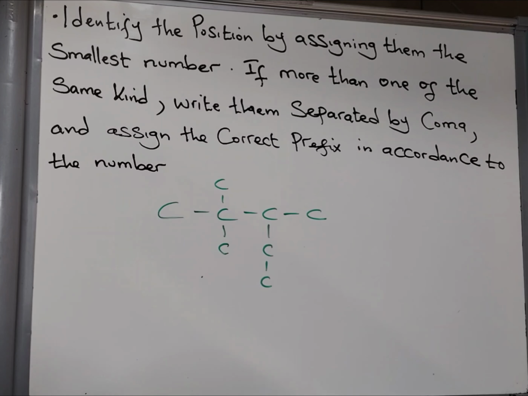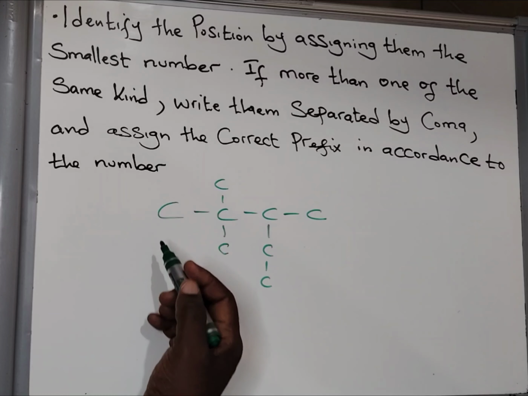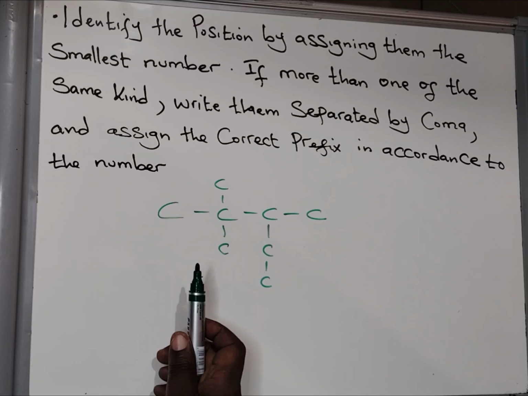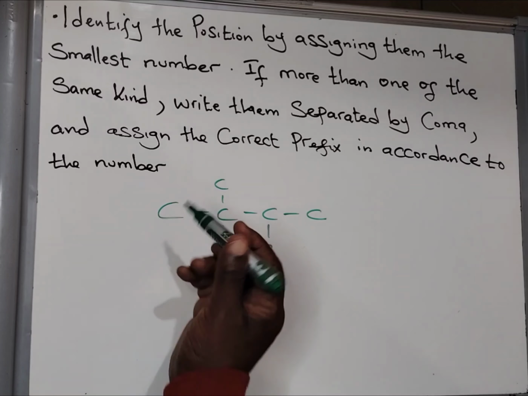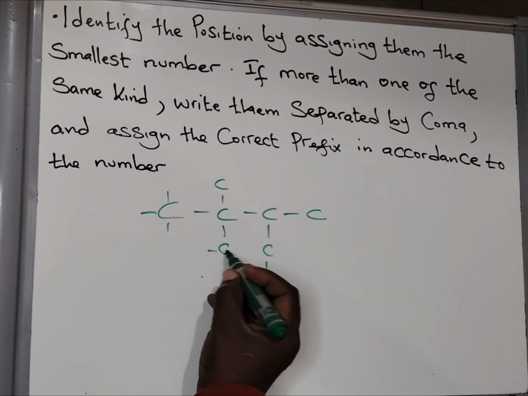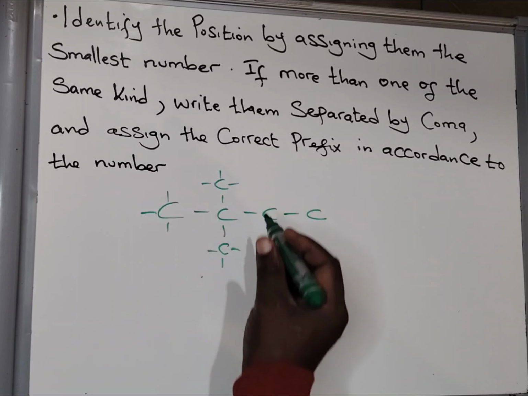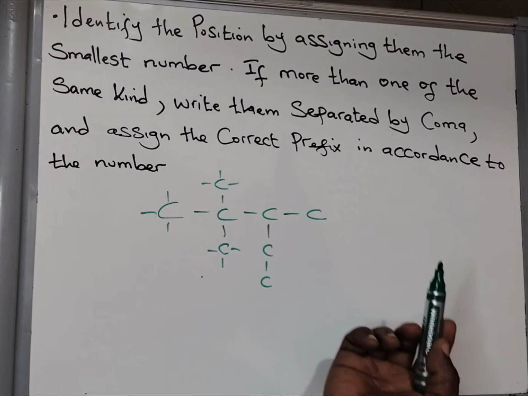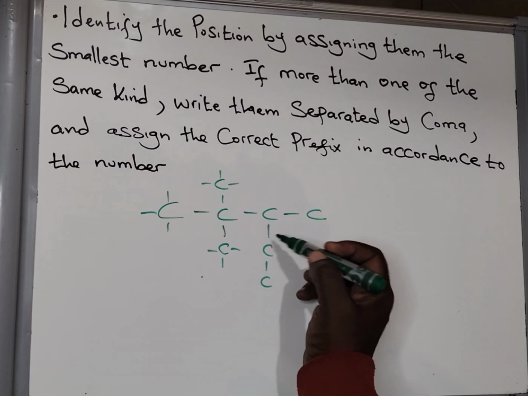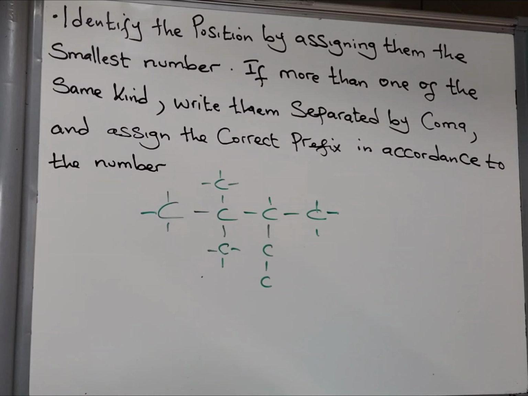Let us fill in all the bonds. We have to remember that carbon must exercise a covalence of 4. This one has 1 bond, it's missing 3. This one has 1, it's missing 3. This one has 1, it's missing 3. This one has 4, so it's not missing any. This one has 3, it's missing 1. This one's missing 3. That's what we have.